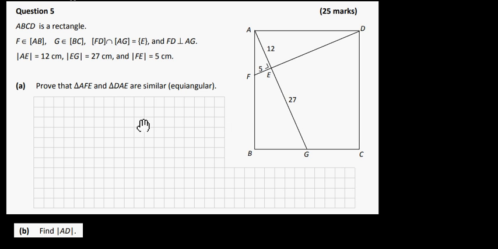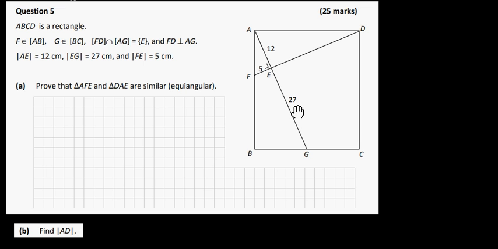So the first thing we've got to do is prove that the triangle AFE, so this little triangle here, and DAE, this triangle here, these two triangles in other words are similar. Now this is really part of the proof for Pythagoras' theorem that you may have done in junior cert.